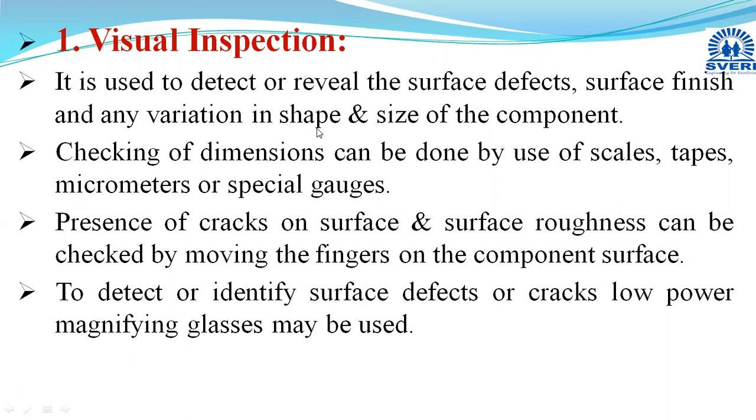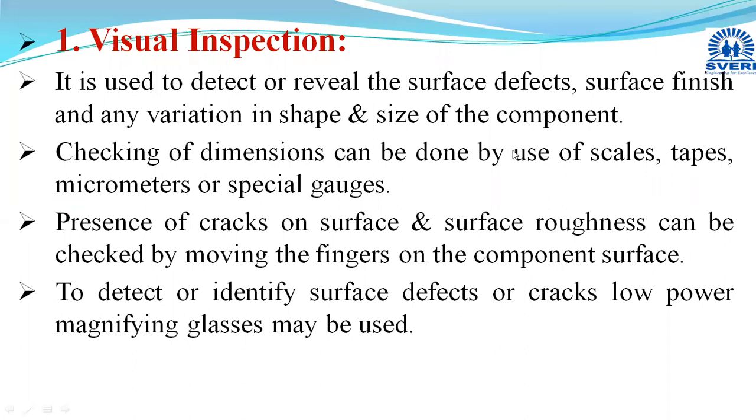It may be in the form of cracks, but it should be visible. Here in visual inspection, only defects which are visible with our naked eyes can be detected, and other parameters we are also checking. This visual inspection is used to detect the surface defects.